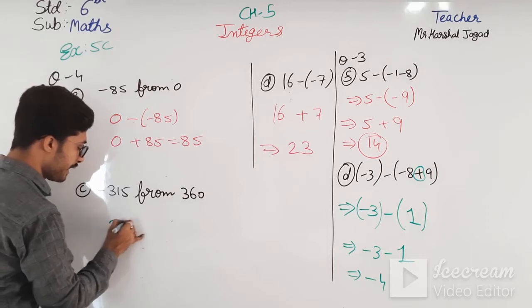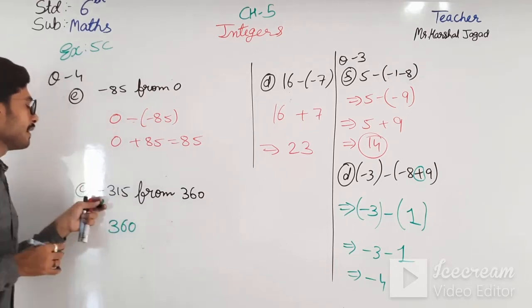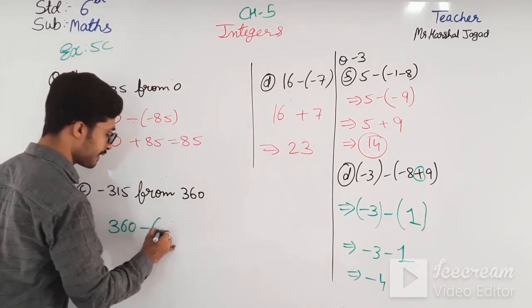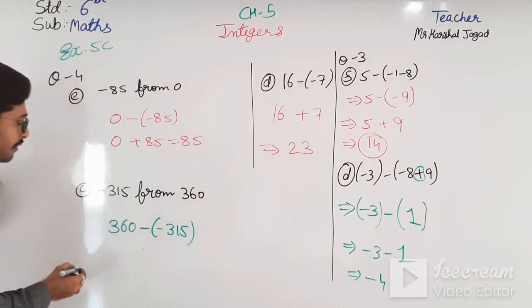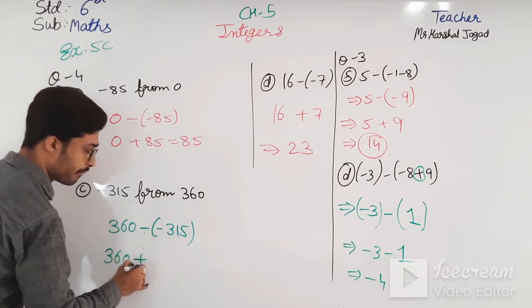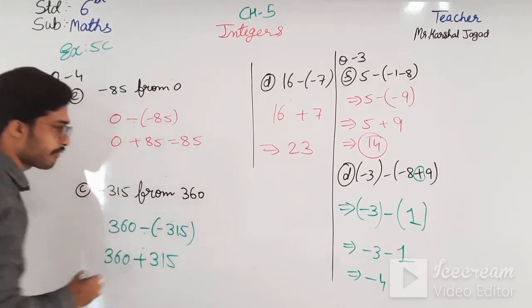So 360 minus minus 315. We will write it like this. Okay, students, here will be 360, minus minus will be plus, and here will be 315.